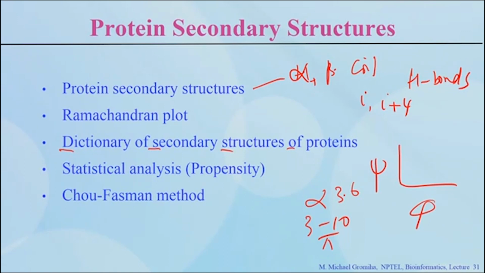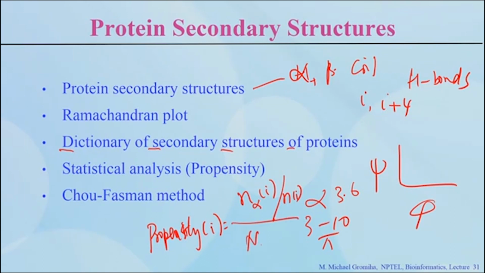How do we get the propensity of residues in alpha helix or beta strand? For example, for alpha helices, what is the propensity? Propensity of residue i equals the number of residues of type i in the alpha helix, n alpha of i, divided by the total number n of i, all divided by n alpha over n.